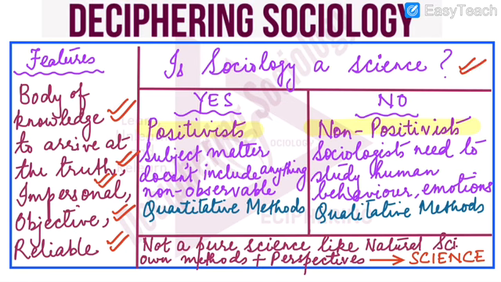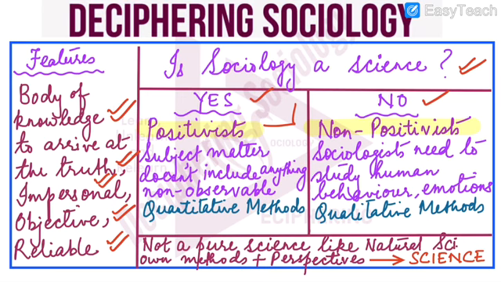Coming to this question, is sociology a science? There are two schools of thought. One says yes, the other says no. People who say yes are the founders of sociology, the positivists, and according to them, the subject matter includes only things which are observable.